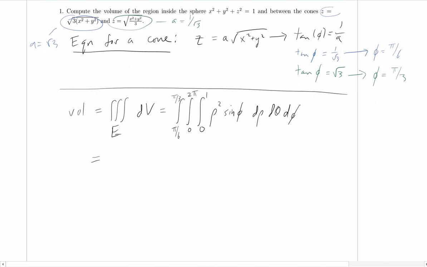So first, if we do the rho integral, the integral of rho squared is 1/3 rho cubed. From 0 to 1, that's just 1/3. And there is no theta in this function, so we just get a factor of 2 pi for doing the next integral.